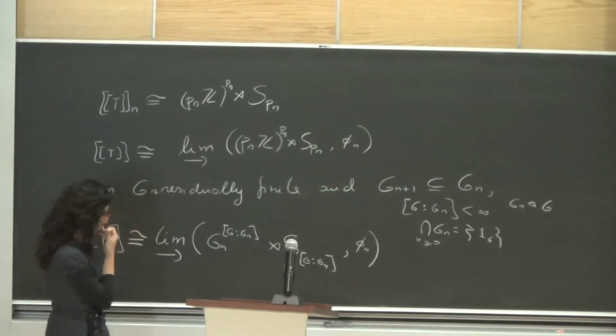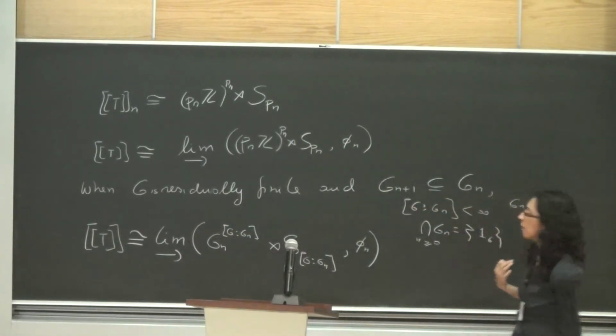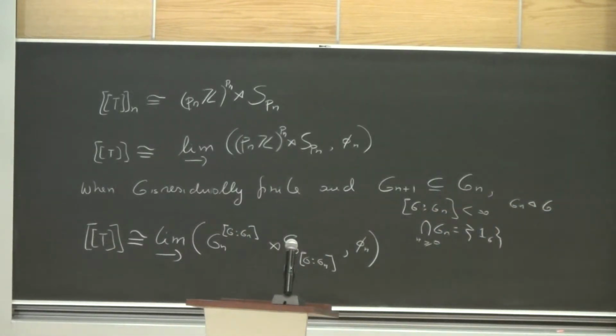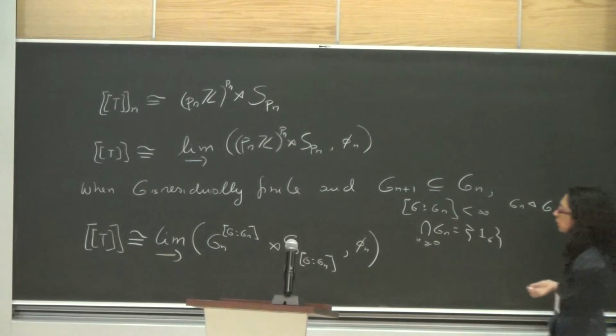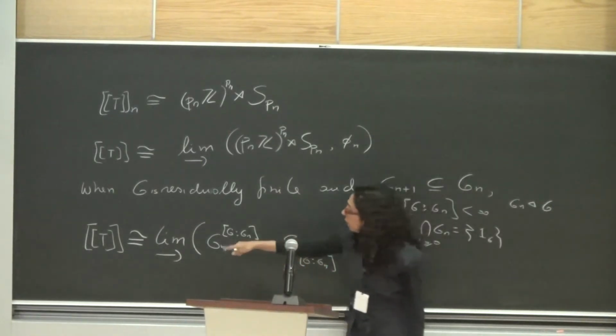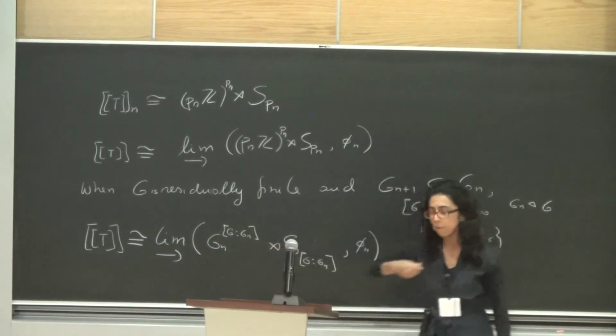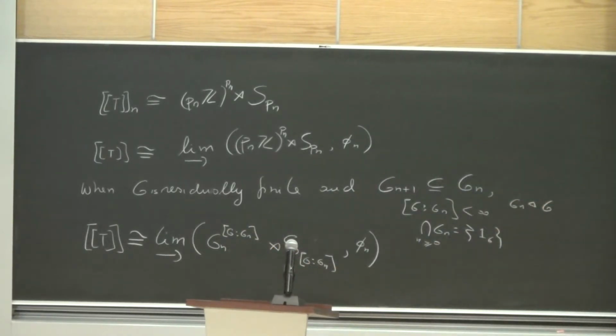And here, maybe the first conclusion that we can say about this group: what happens if the group G is amenable, for example? If the group G is amenable, okay, the permutation part is always amenable. If G is amenable, Gn is amenable, the direct product is amenable, and a direct limit of amenable groups is amenable.